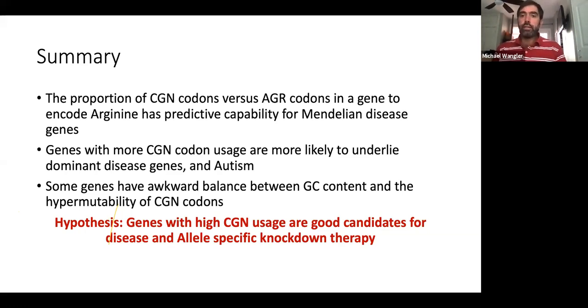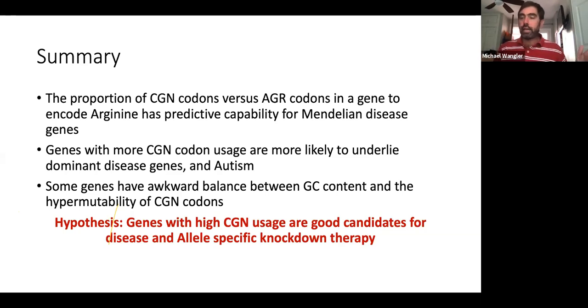Genes with more CGN codon usage seem to be more likely, particularly for dominant single gene disorders and in the autism subset, sort of autism genes, if you'll accept that name. And then, so what's going on here is one thought, and the argument I want to make is that I think what you're looking at is that there's this awkward balance. You have to think about what's going on at the nucleotide level versus the amino acid level.